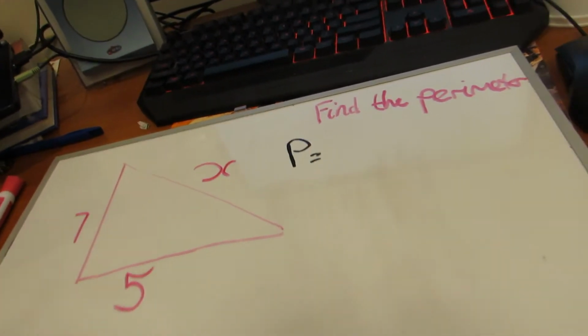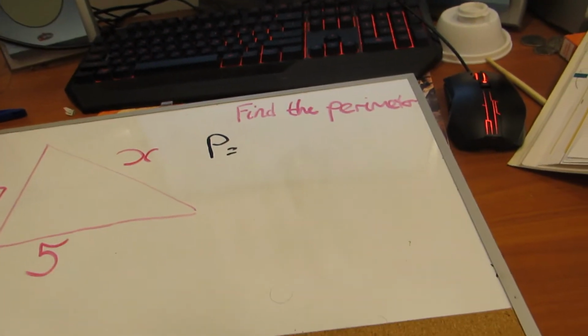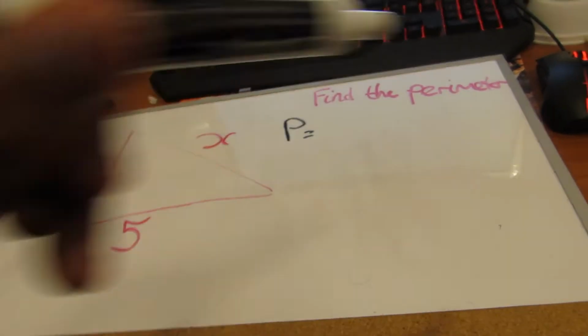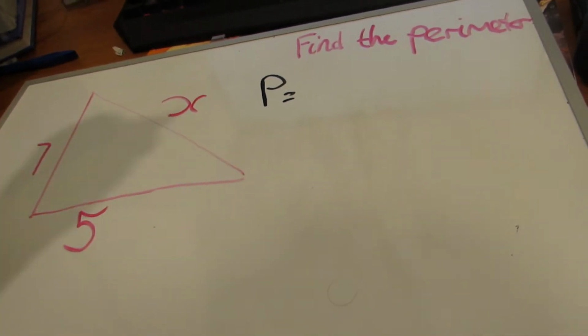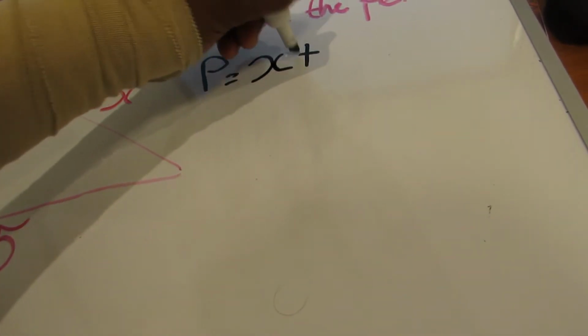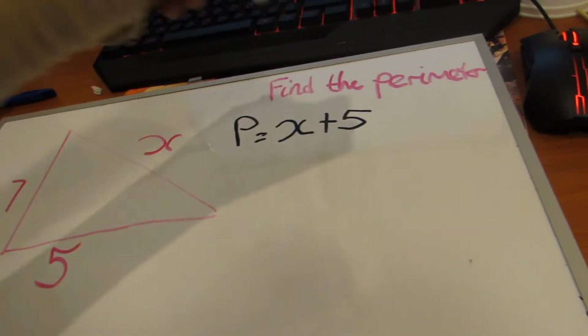Alright, so now, this is the first part of it. This is to find the perimeter of the shape. You're trying to find the equation. So P obviously means perimeter. So P equals, you just add them all up. So x, which is one side, plus 5, which is the other side, plus 7.